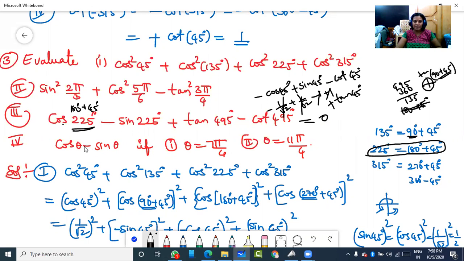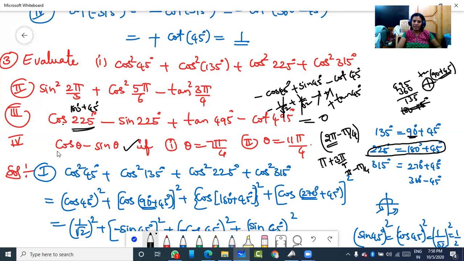The fourth one, in the place of theta, you write 7 pi by 4. 7 pi by 4 means you can write 2 pi minus pi by 4. Here, pi plus 3 pi by 4, and 3 pi by 4 can be written as pi minus pi by 4, so pi plus pi is 2 pi minus pi by 4. Taking the LCM 4, 8 pi minus pi, 7 pi by 4. It is cos of 2 pi minus pi by 4, which is in the fourth quadrant.